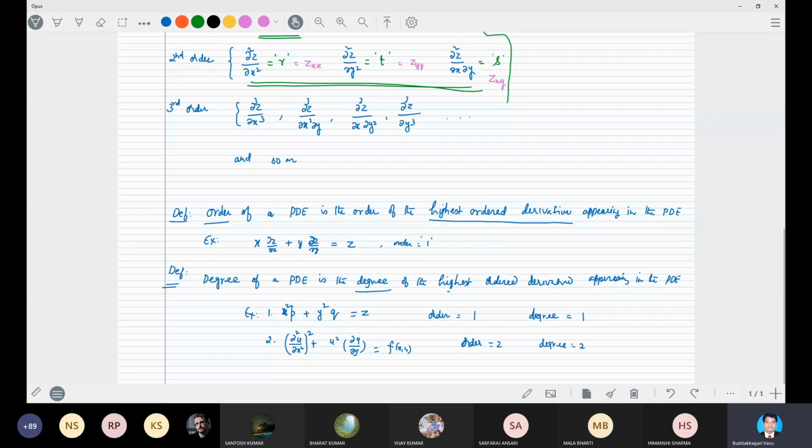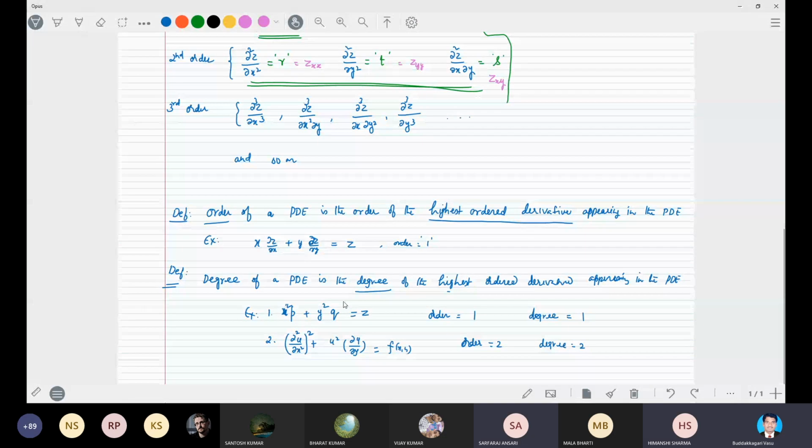Likewise we can easily find the degree and order for a differential equation based on the equation.